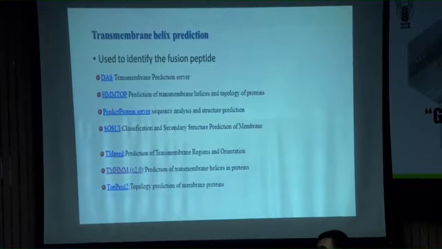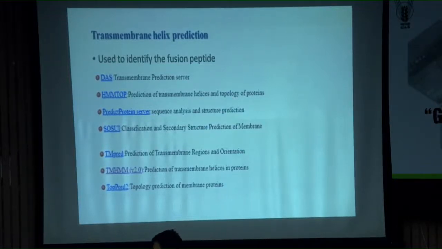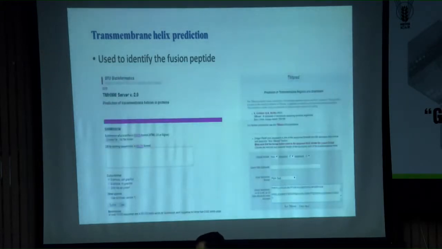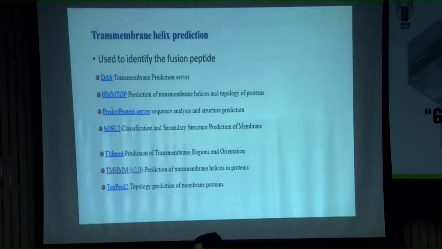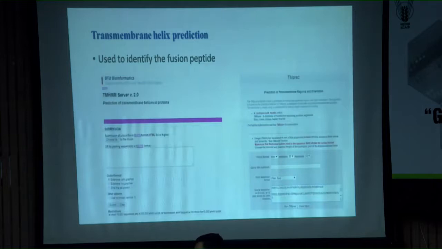There are several algorithms and software which help to identify the transmembrane domain. Among these, one is DAS, then HMMTOP. So we use HMMTOP, TMPred and TMHMM. These three software we use to predict the transmembrane domain in the glycoprotein of GBNB. These are some snapshots of these web servers.